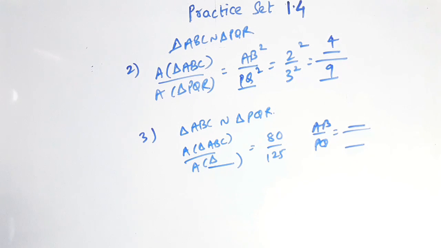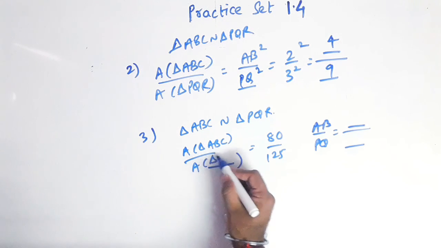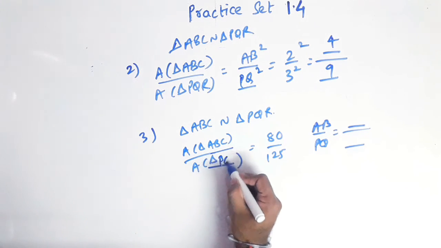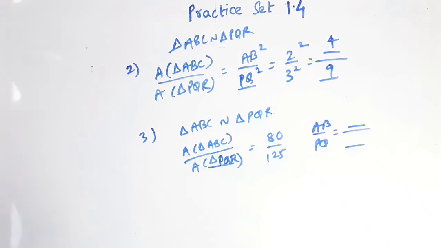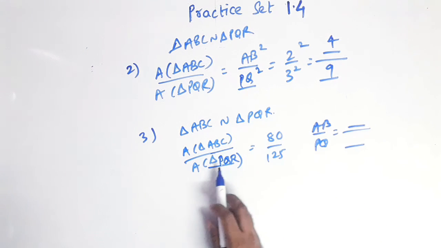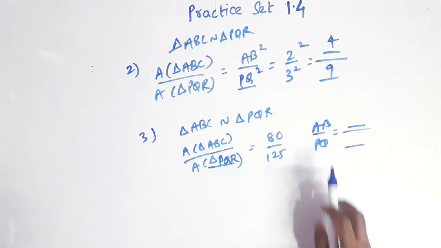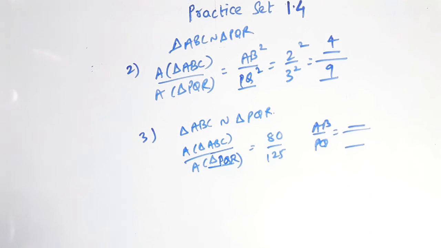Now the third one is, again they have given ABC similar to PQR. So here the fill up is very easy. Triangle ABC upon triangle PQR, areas they have given. Area of triangle ABC is 80, area of triangle PQR is 125. So what will be AB upon PQ?